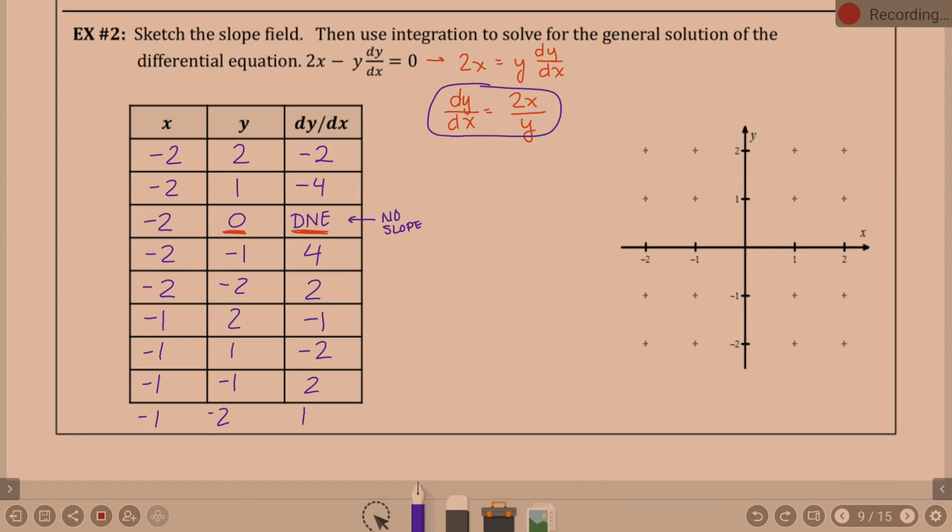Now, what would be another smart thing to consider? When y is 0, we have it does not exist, right?